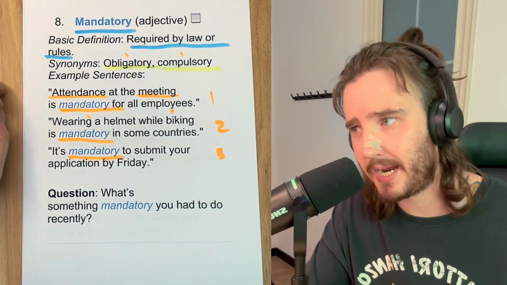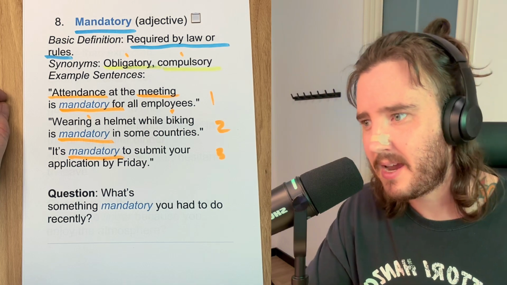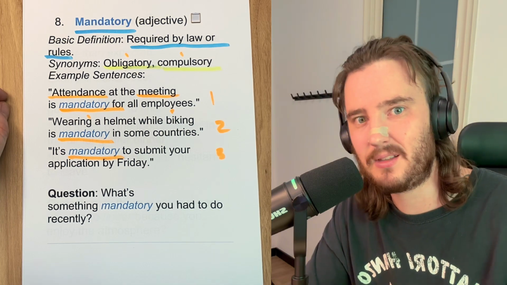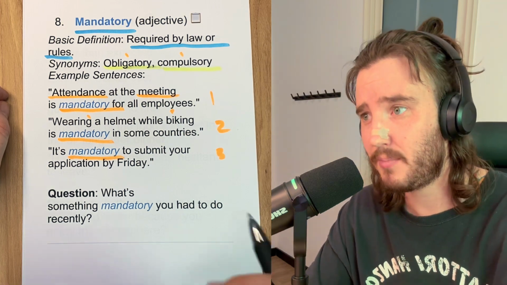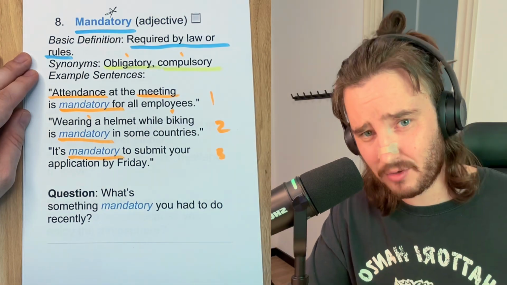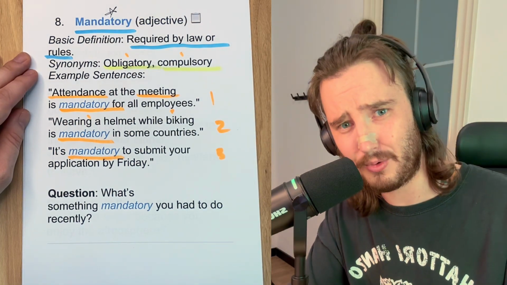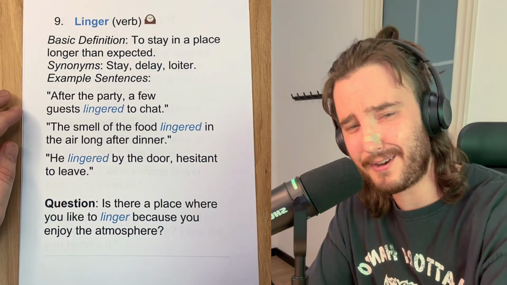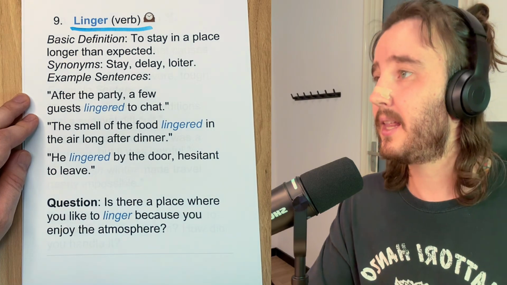For example, when I would change apartments, I would have to register at the local police station and let the government know that I had moved to a new address, a new location, right? So that was mandatory, something that was required of me to do. What about you guys?